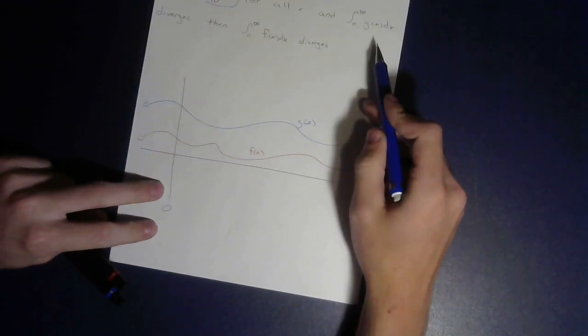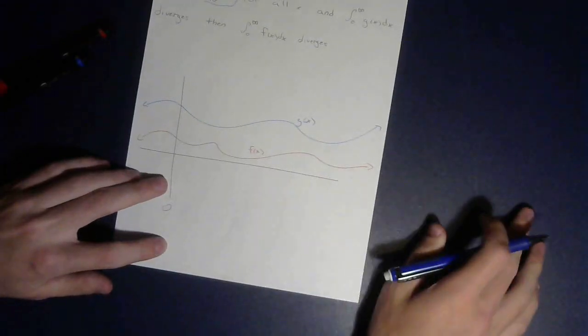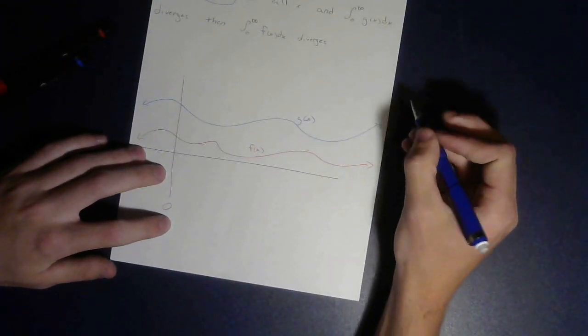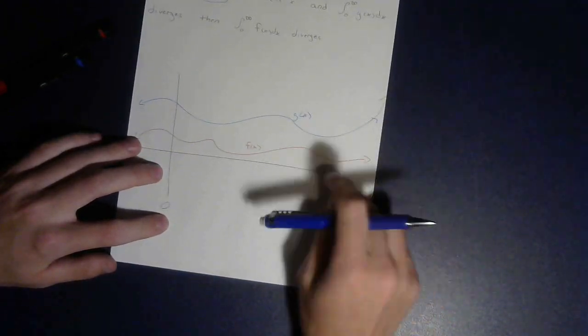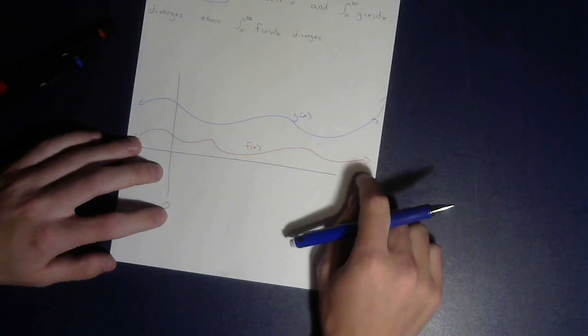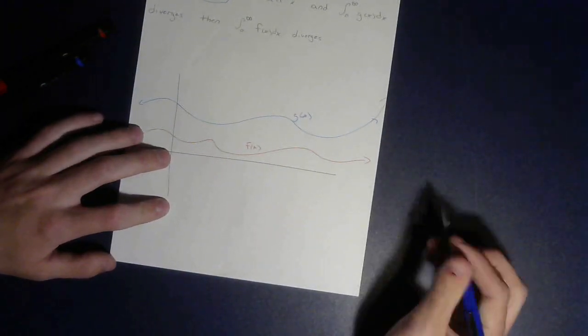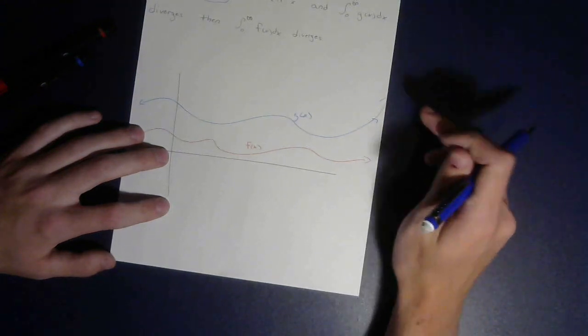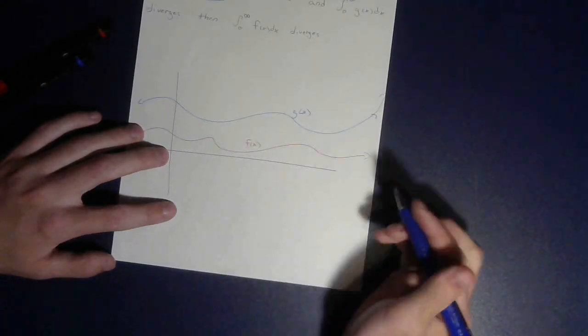Alright, so for g of x to diverge from 0 to infinity, it's going to have to go off this way, which would mean it has an infinite area underneath, and then this is saying that because this diverges, then f of x must also diverge.